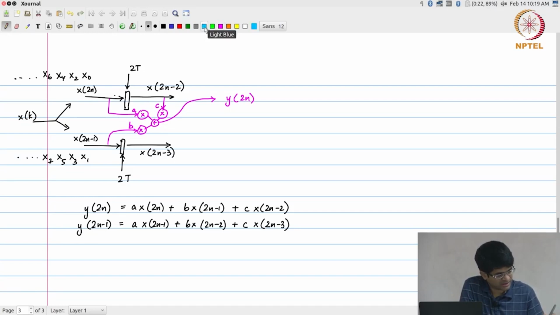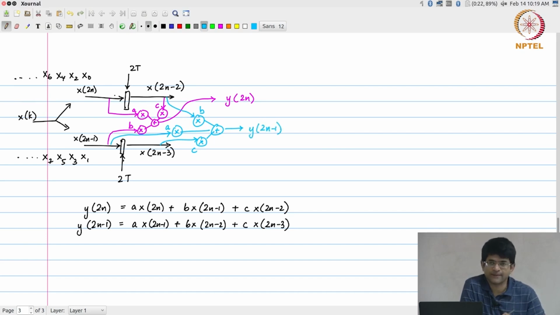And similarly, take this one, this one, this one, y of 2n minus 1.